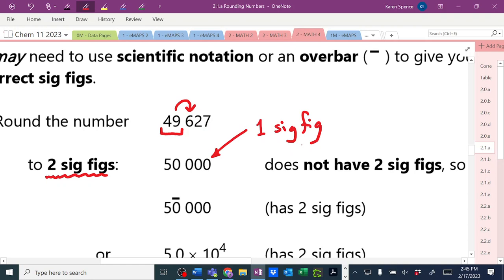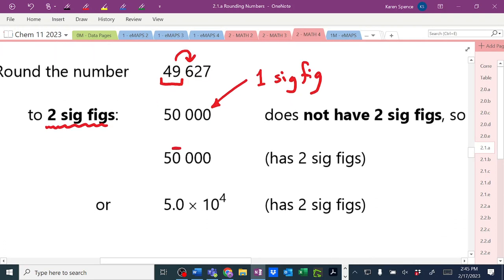So in order to make it have 2 sig figs, we have 2 options. We can either say this is my last sig fig, that 0 there, that's 2 sig figs. Or we could turn it into scientific notation. We could move our decimal place 4 places. So it would be 5.0. So now we have 2 sig figs because of that decimal times 10 to the 4.